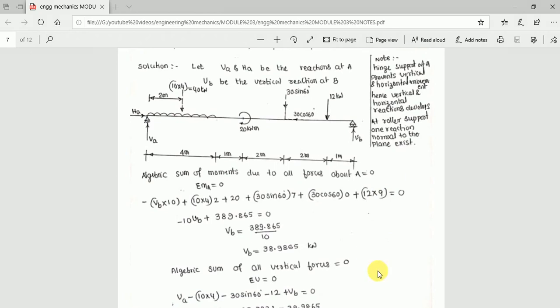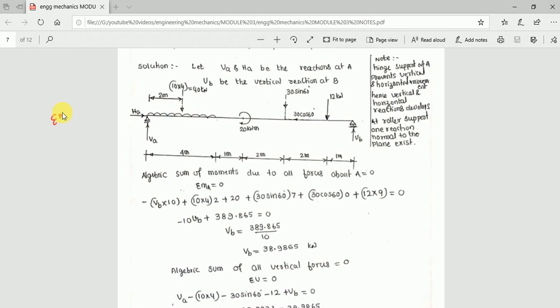Now the next step is to find the moment about A and equate it to 0. The algebraic sum of moments due to all forces about A is 0. Why are we taking these conditions? Because this beam is statically determinate.